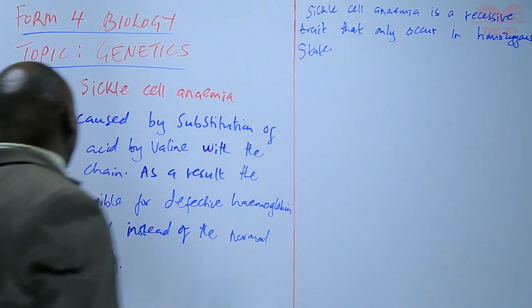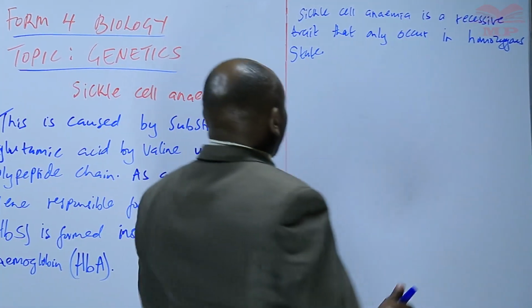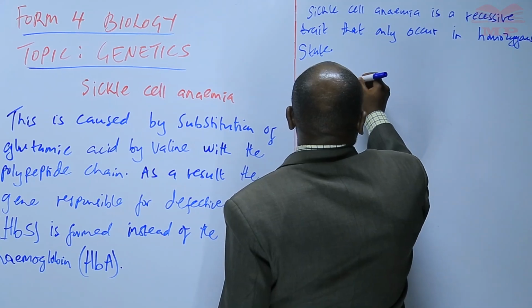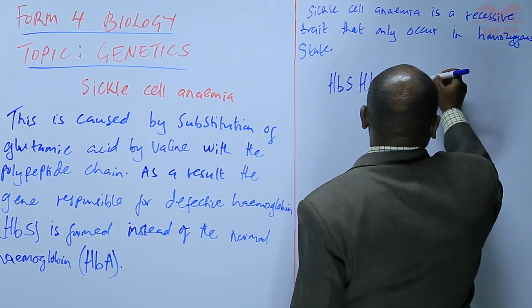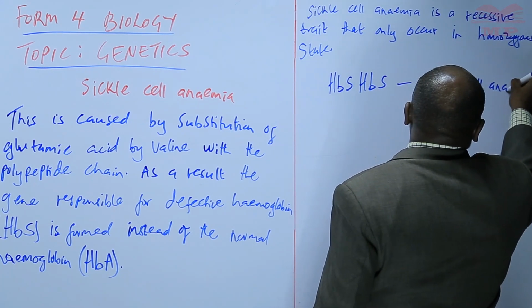So we are saying that hemoglobin type S is caused by a recessive gene, whereby in the absence of hemoglobin type A, the person suffers from sickle cell anemia. So we can have HbS HbS, and that is what brings about the sickle cell anemia.